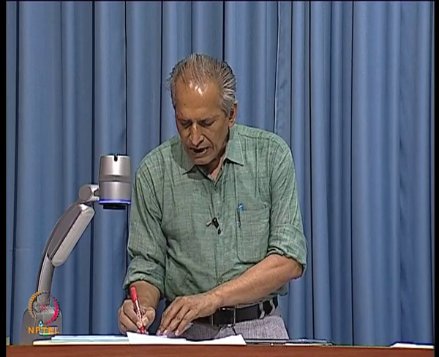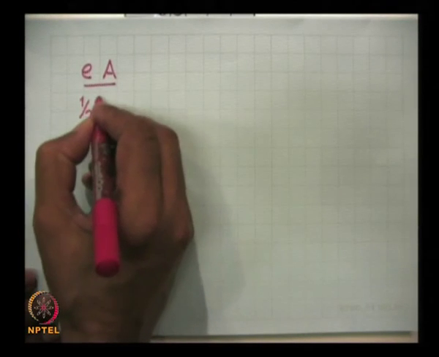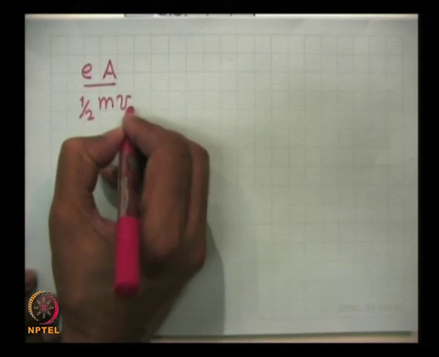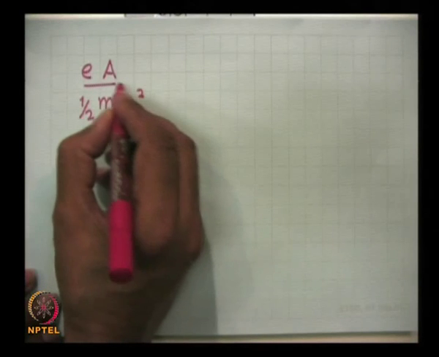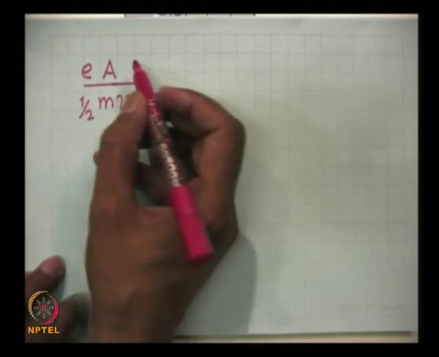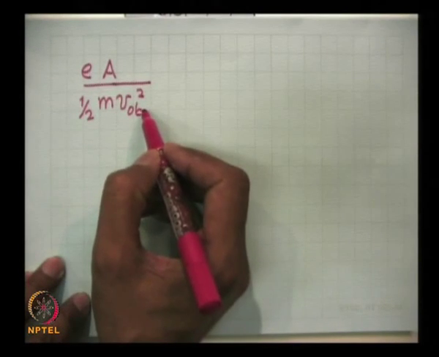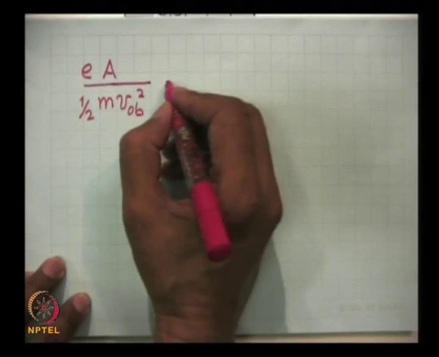It turns out to be E_A upon half m v0b square. This is the maximum potential energy of an electron, divided by the initial kinetic energy of the electron beam.